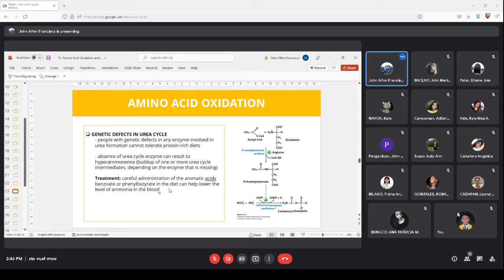These are the instances where we can appreciate the role of biochemistry in identifying the causes of these diseases. And as we can see here, when only one of the enzymes is missing, it can give off a very serious disease or illness. Okay?